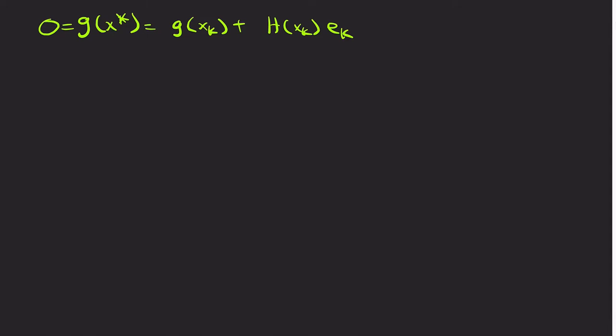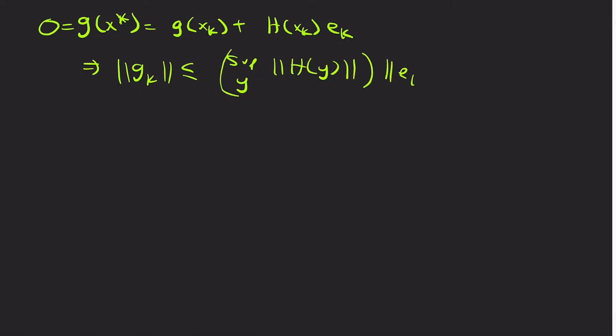But this is equal to 0 because x star is a minimizer. Oh no, I want gk in terms of ek. And so the norm of the gradient at the kth iteration is less than or equal to the supremum over y of the Hessian times the norm of ek. So again, I assume boundedness, that's less than infinity. I'm going to call that C2.